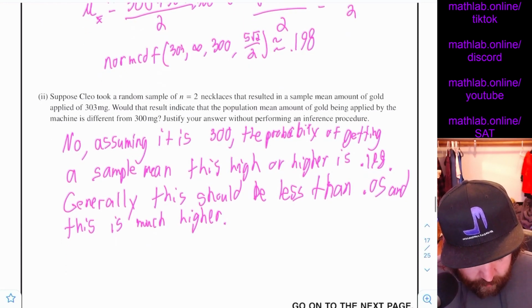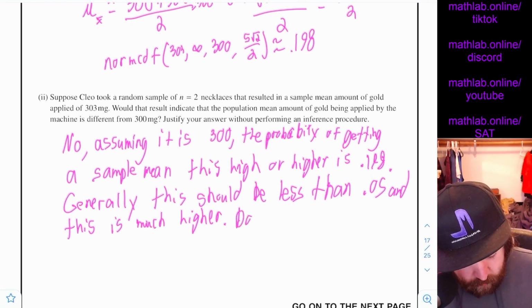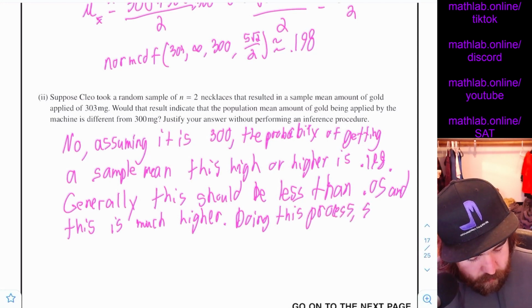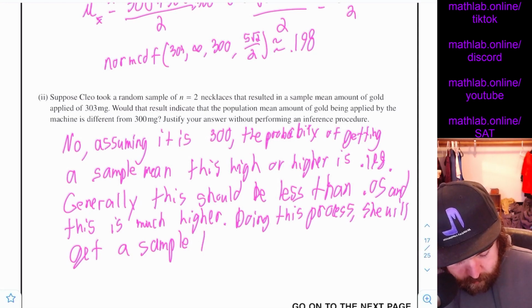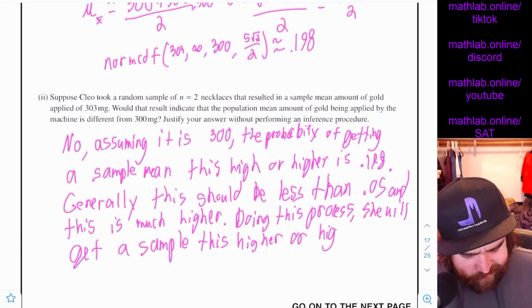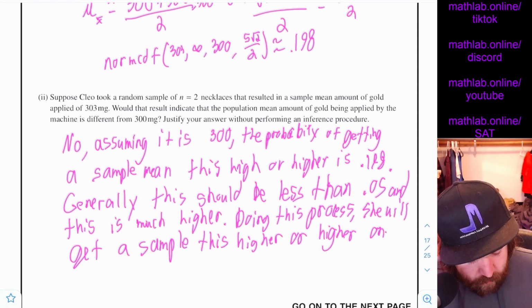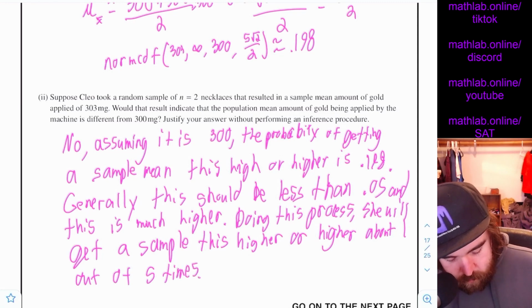And then we need something like, doing this process, she will get a sample this high. Well, I guess I already said this. I just wanted to be more specific. About 1 out of 5 times. Okay. I like it.